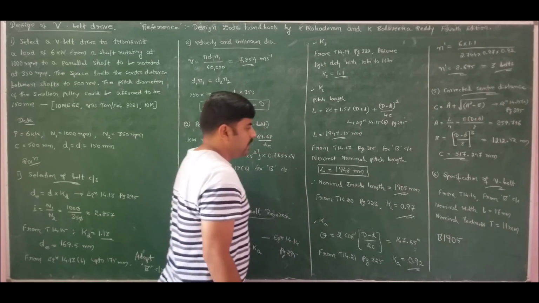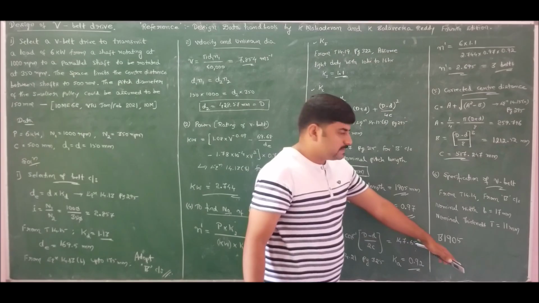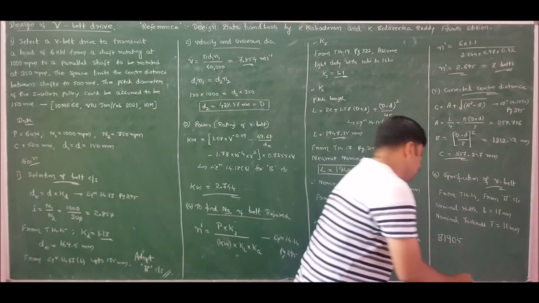So selected V belt is B cross section with nominal inside length of 1905. So the belt specification is B1905.